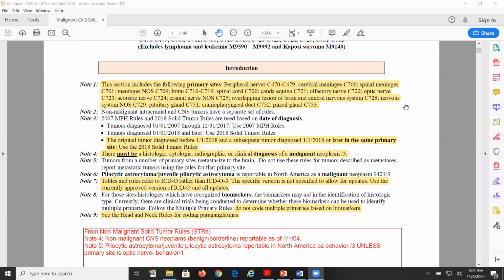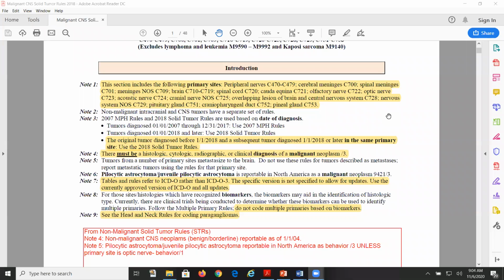So the meninges and the spinal sites and the cranial nerve sites are considered separate from the brain. Also included, along with the spinal sites, is the cauda equina C721. And then we have our cranial nerve sites, which is C722 through 25.